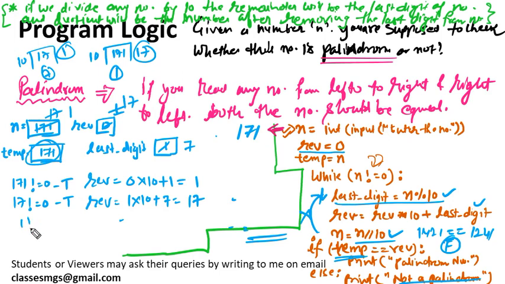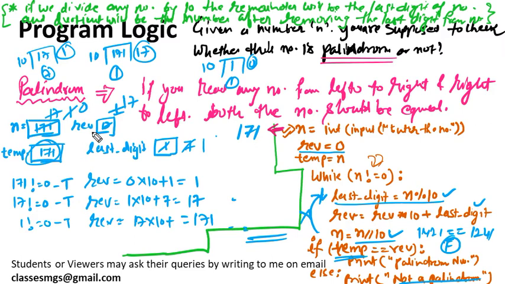Again 1 is not equal to 0, condition is true. If 1 is divided by 10, the remainder is 1 and the quotient is 0, so the last digit will be 1. So reverse equals 17 into 10 plus 1, that will be 171, and n divided by 10 gives quotient 0, so n will be 0.